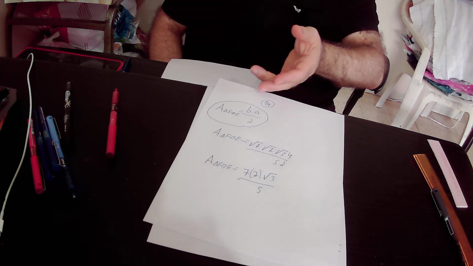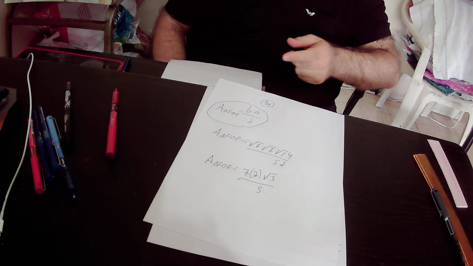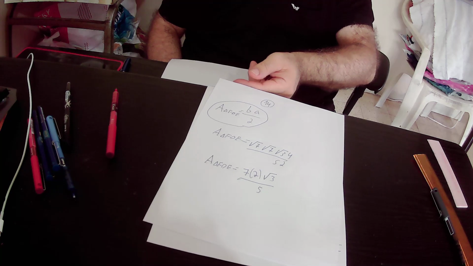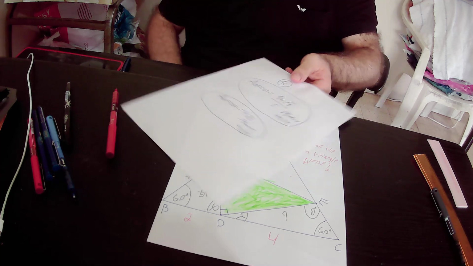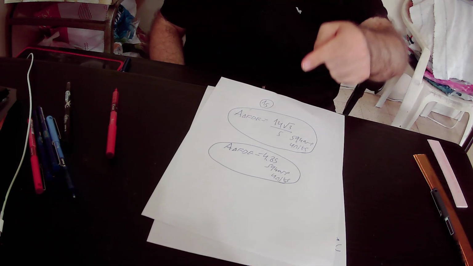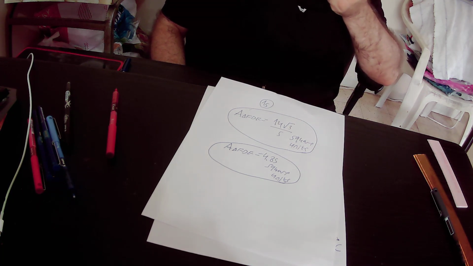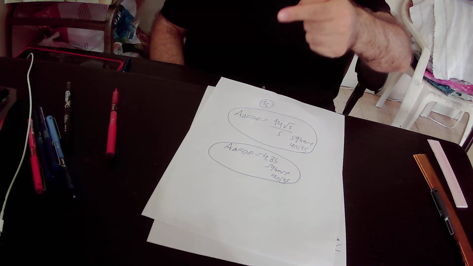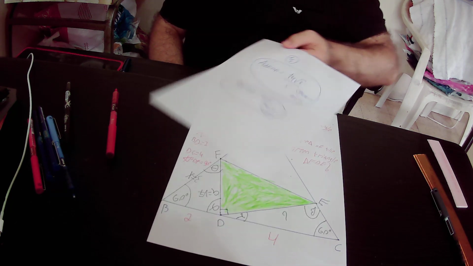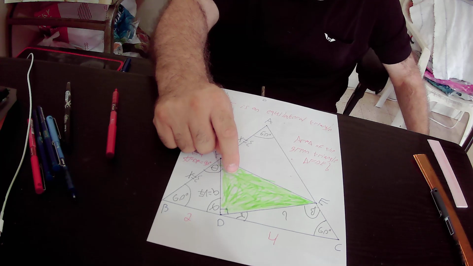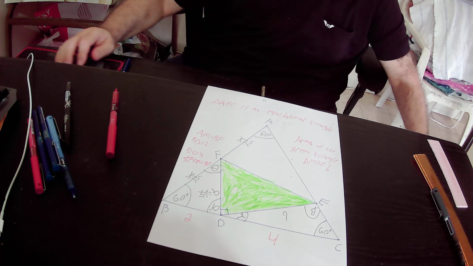We substituted A by root 7 and B by the value that we got for B, and we found out that the area of the green triangle FDE equals 14 times root 3 over 5 square units. Or in terms of numbers, the area of the green triangle FDE equals 4.85 square units. Okay, thank you very much.